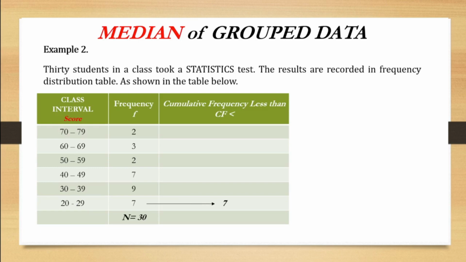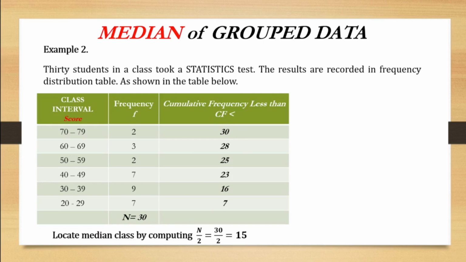Then to continue, we add 7 to 9, that becomes 16. 16 plus 7 is equal to 23. 23 plus 2 is equal to 25. 25 plus 3 is 28. 28 plus 2 is equal to 30. So the last number of the cumulative frequency less than must be equal to the n, or the total frequency.